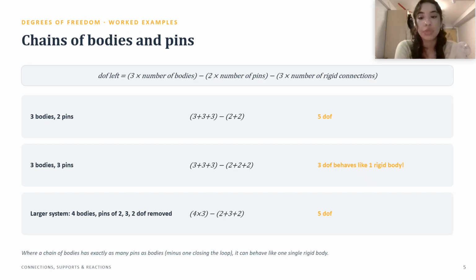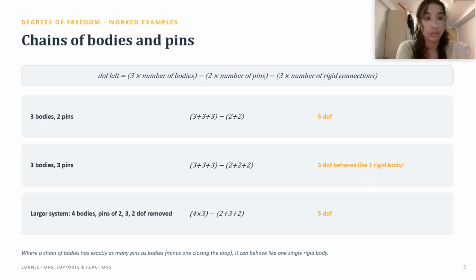What about 3 bodies and 3 pins? Then it will be 3 times 3 minus 2 times 3, so 9 minus 6. That will give us 3 degrees of freedom, and this will act like 1 rigid body.